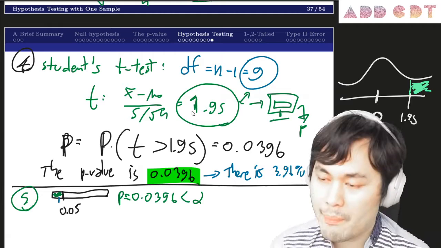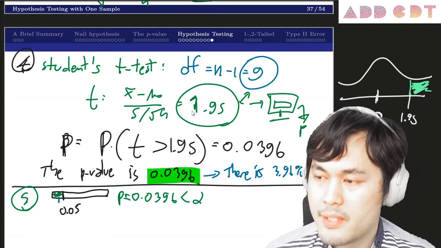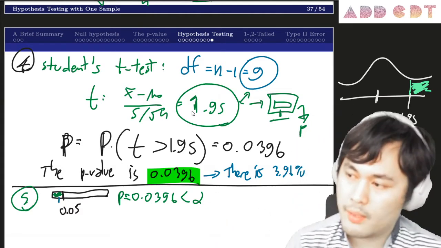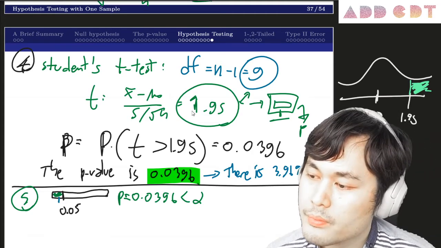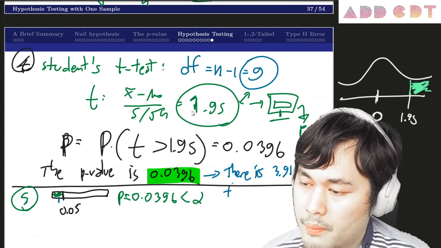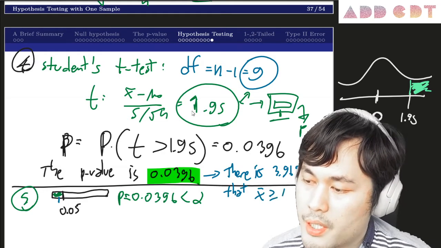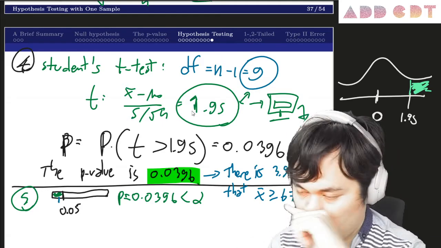That meaning is that there's a 3.96% chance that a random sample will give you the mean of 67 or more. There's this chance that the x bar is going to be at least 67. That's a 4% chance that it's going to be high.